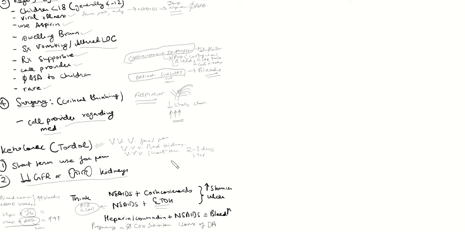Okay, we talked about some critical thinking: aspirin plus steroids, corticosteroids, NSAIDs plus alcohol, heparin plus NSAIDs. Okay, can we give these Cox-1 and Cox-2 inhibitors during pregnancy? No. Some of these drugs cross the placental barrier.